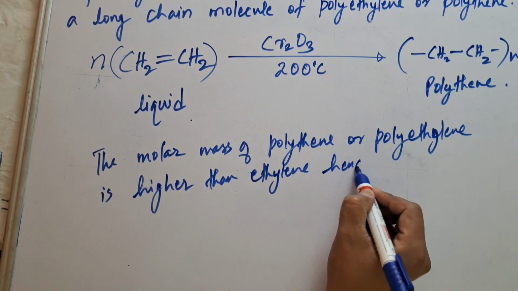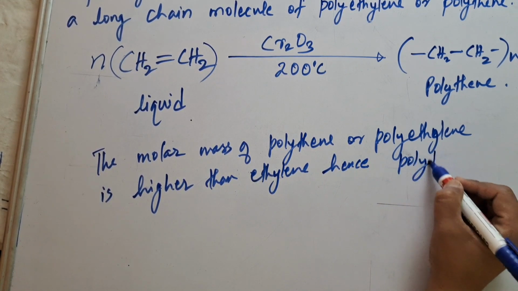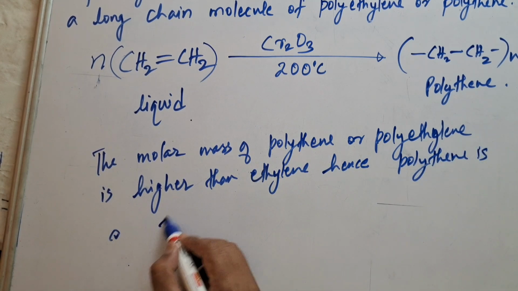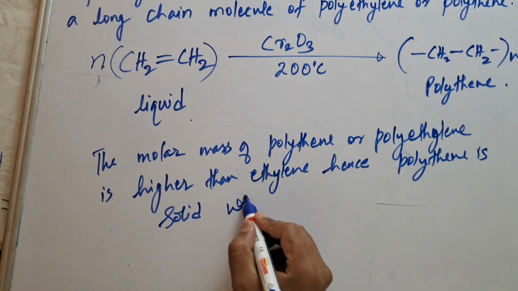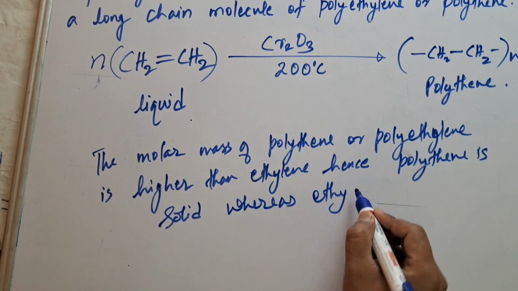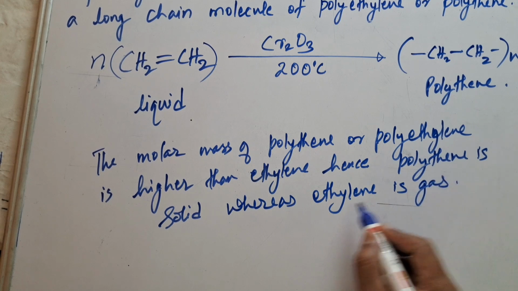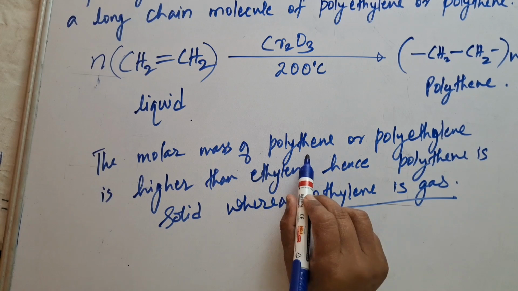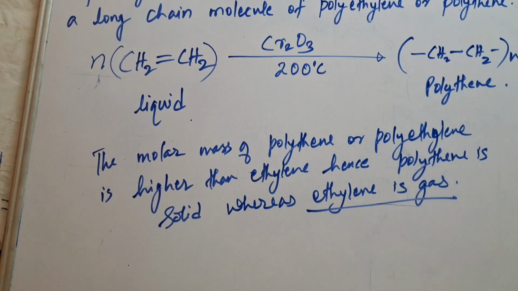Hence, polyethylene is solid, whereas ethylene is gas. Ethylene is gas and polyethylene is solid because the molar mass of polyethylene is much higher than that of ethylene, okay.